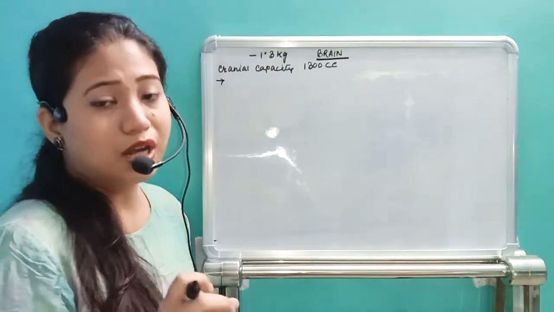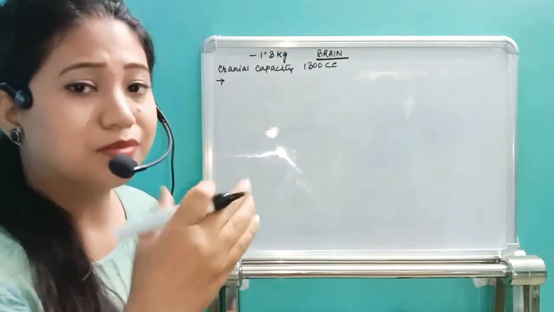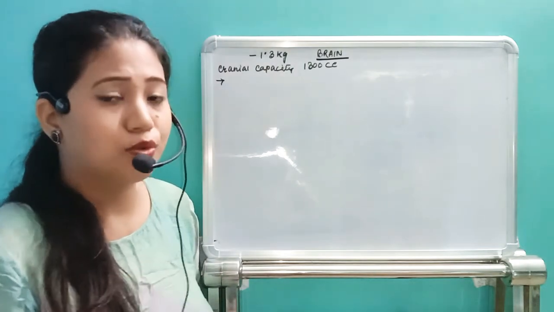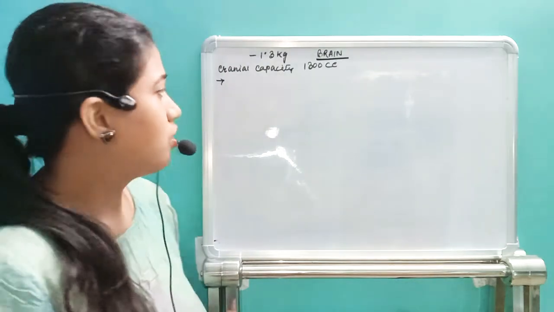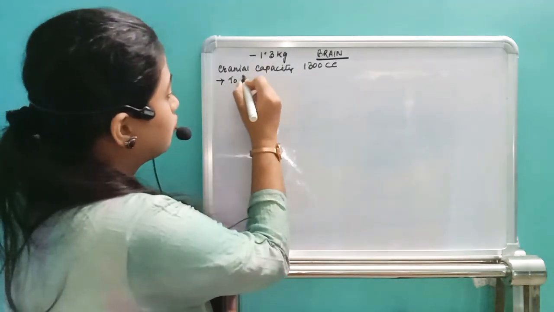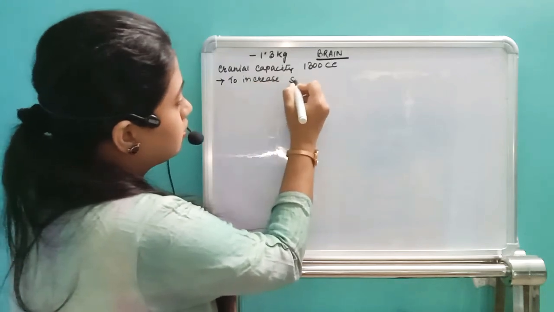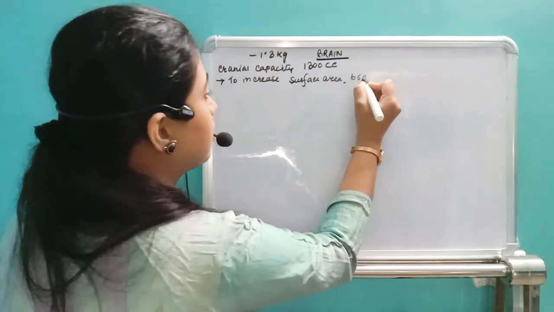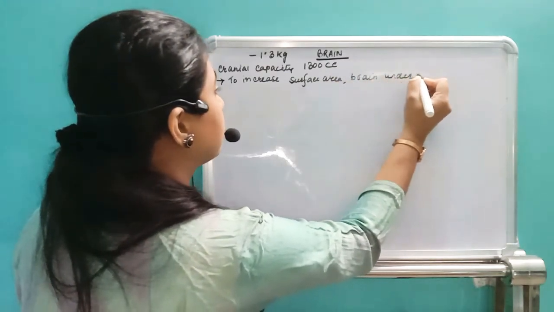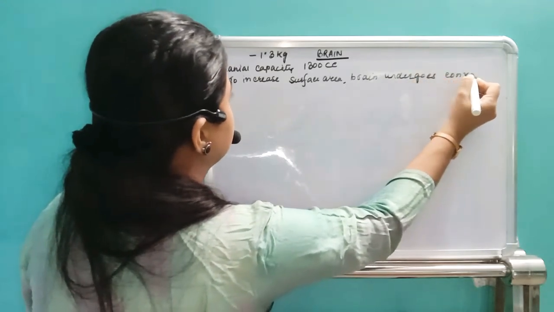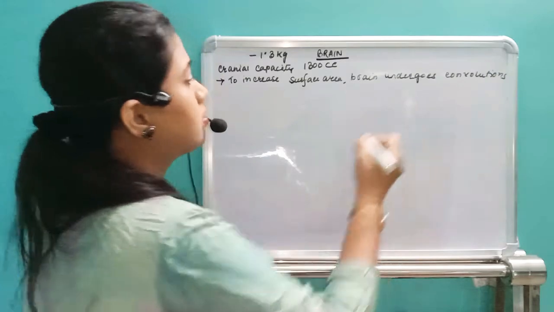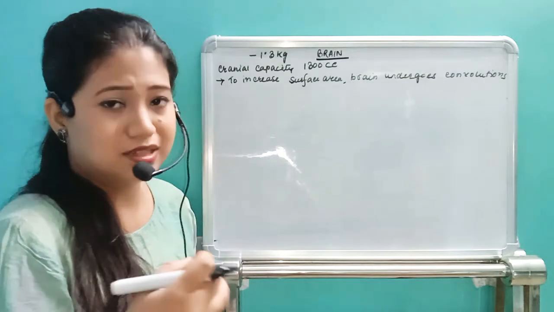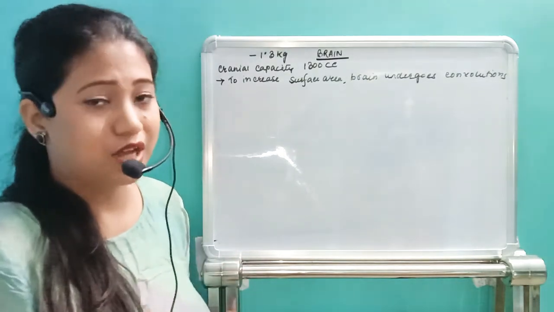In case of the brain also, it is going to have some convolutions, that means invaginations and depressions, so that it can accommodate maximum neurons. To increase the surface area, the brain undergoes convolutions. Convolutions means some depressions. Sometimes some of the depressions are so deep that the brain gets divided into lobes. We will see all those kinds of lobes.